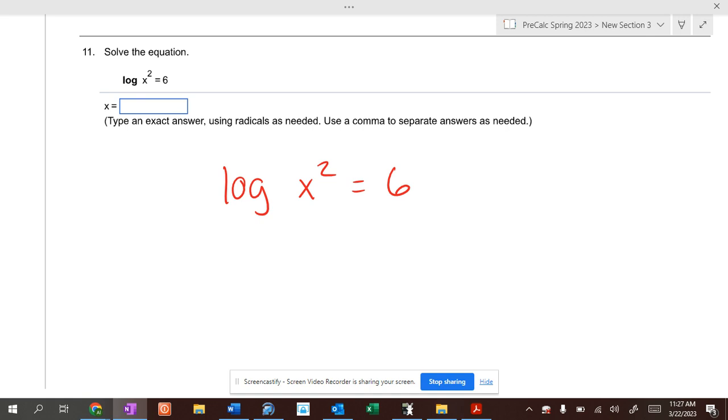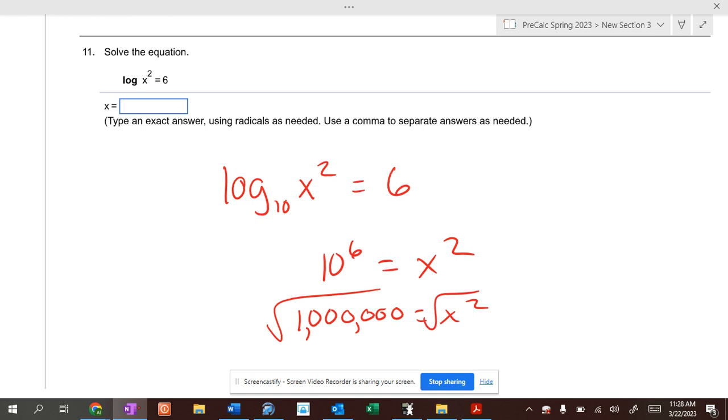What's the base of a log without a base? 10. There's a 10 here. So 10 to the 6th equals x squared. What's 10 to the 6th the same as? 1,000,000 equals x squared. Then what do we do to each side? Square root.